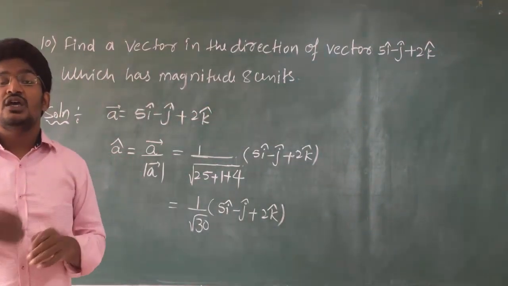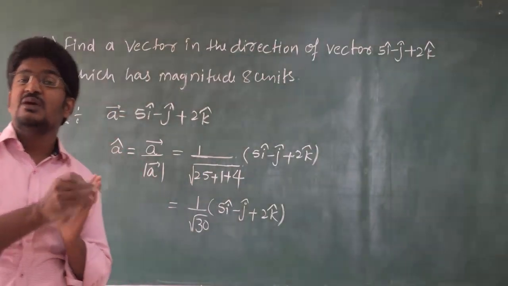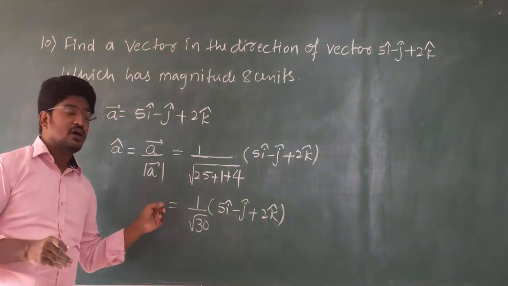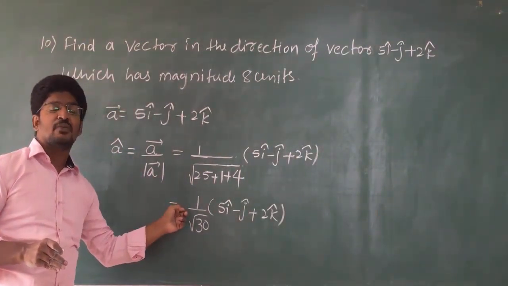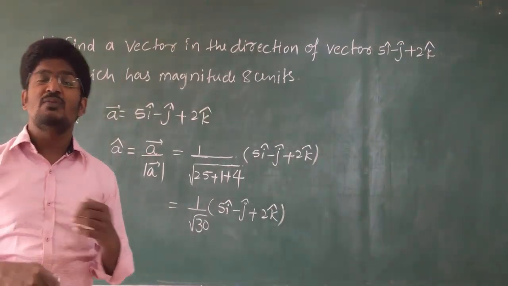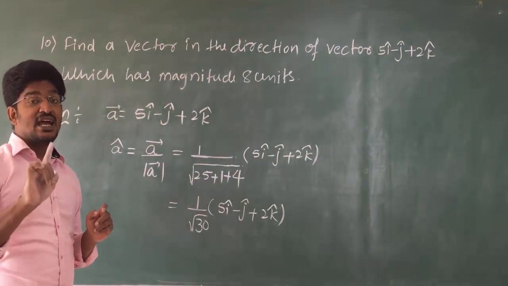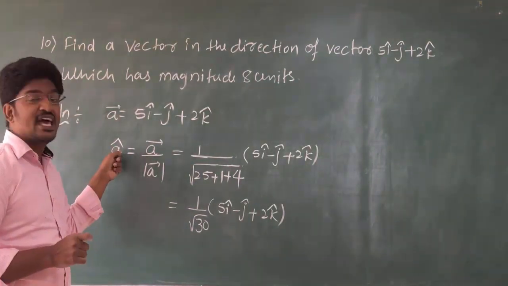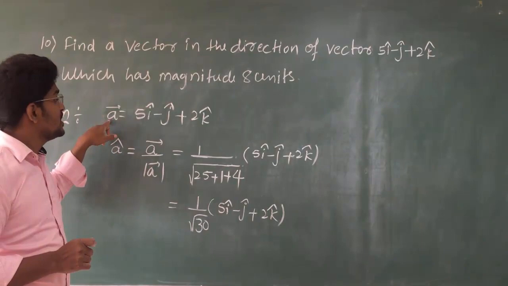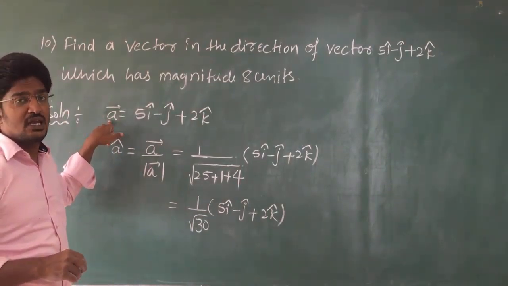That means you are going to get 8 multiplied with 1. What is that 1? Magnitude of A cap. So 8 into 1 will become 8. So the magnitude will be 8 and the direction will be in the direction of A cap, that is nothing but in the direction of vector A.